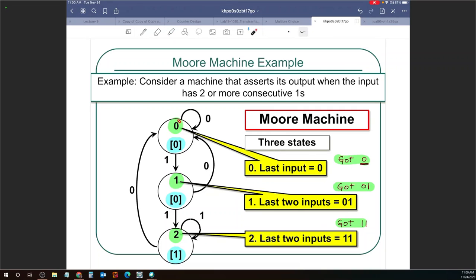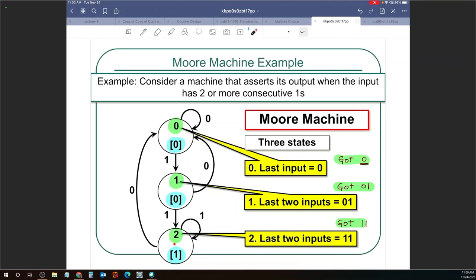Now, if I am in state 0, that means I got a 0. If I keep getting zeros, I will stay in that same state. That's a self loop. But if I got a 0 and I next get a 1, that will transition me to the state which is got 0, 1, in which my output is still 0 because I need to get one more 1. When I do, I will go to state 2 where my output becomes a 1.